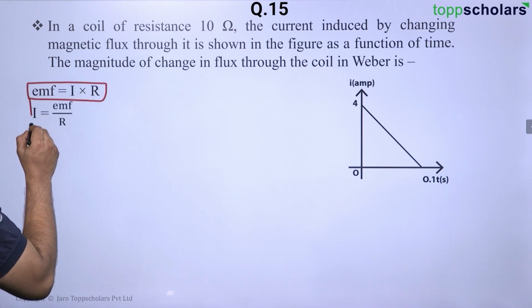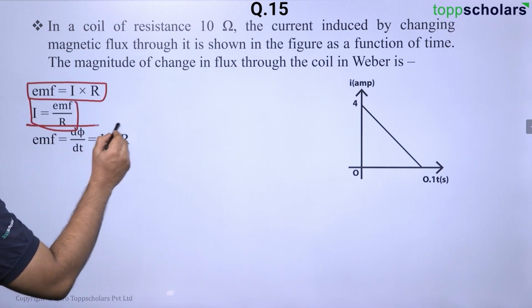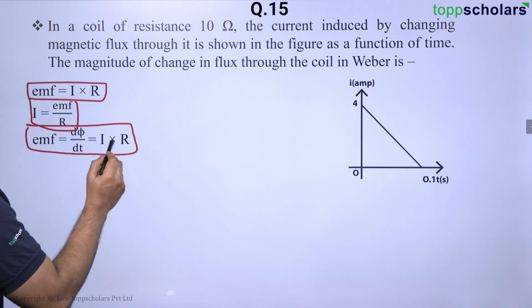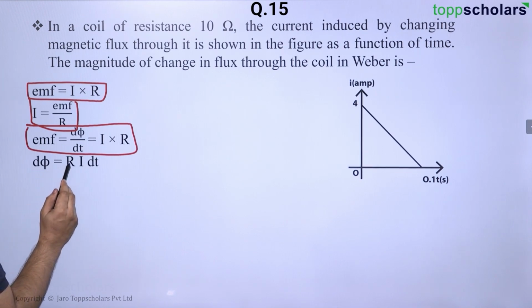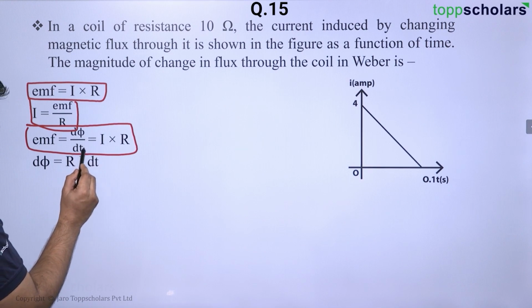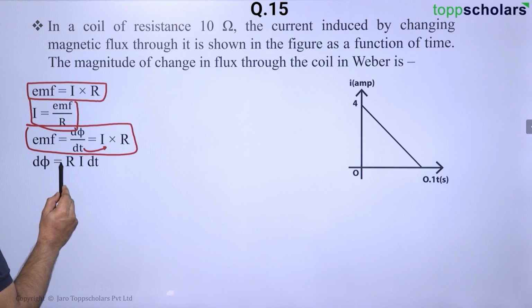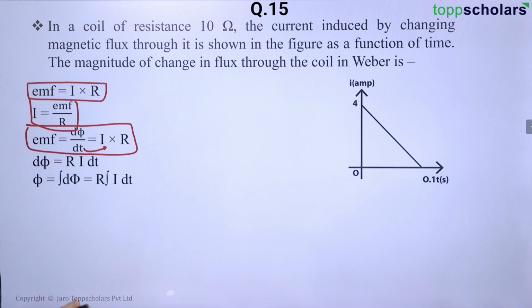Therefore, I is equal to EMF upon R. But EMF is also equal to d phi by dt, and it is equal to I into R, and therefore d phi is equal to R into I into dt, isn't it? From this equation, if we take the dt to the other side, then d phi, the change in flux, is equal to R into I into dt. Therefore, if we want phi, we have to integrate this d phi.